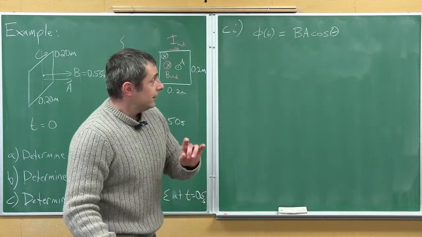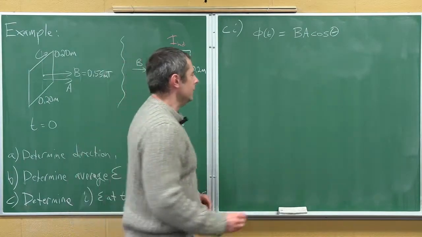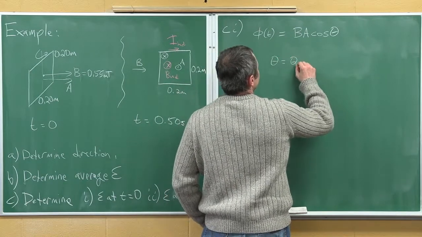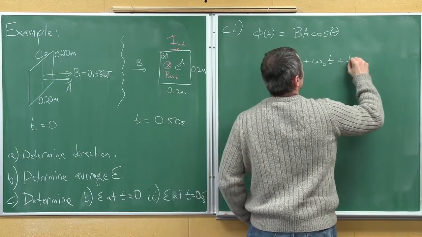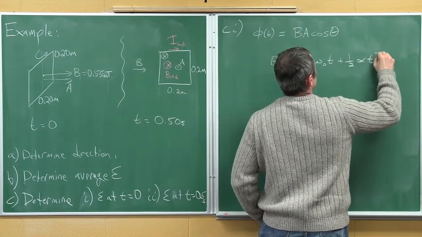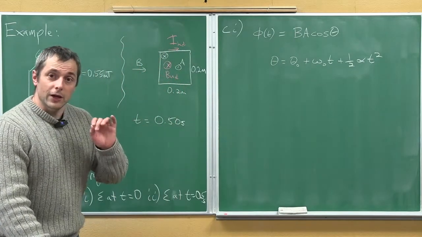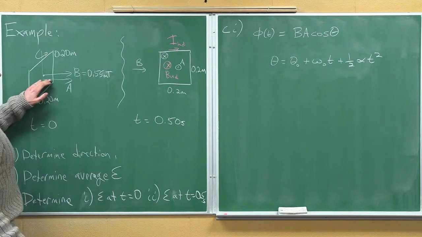The theta actually is a function. Remember from mechanics that you could write theta equals theta, and don't write this down. That's the expression for the angle as a function of time. So what I'm going to do is define this as cos.